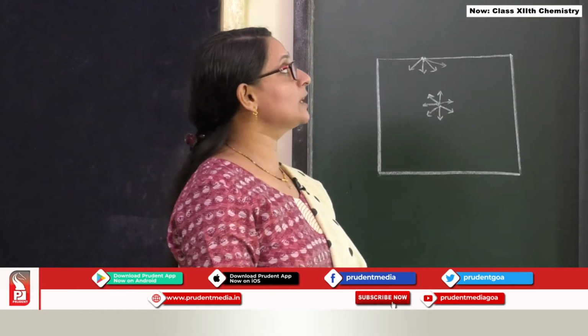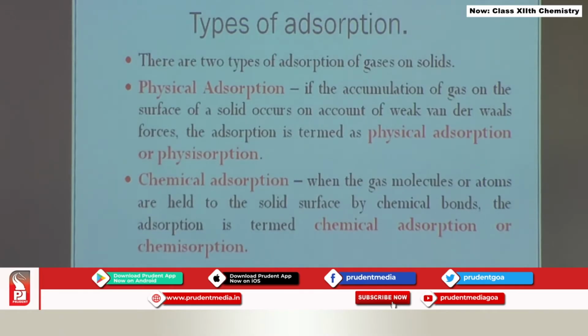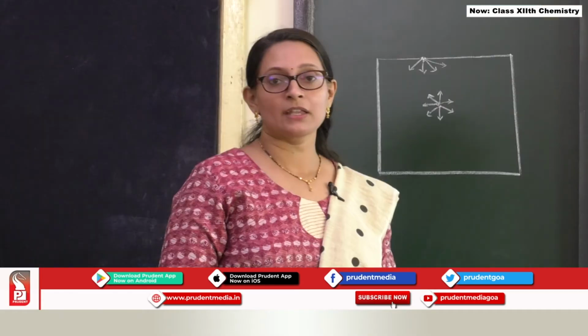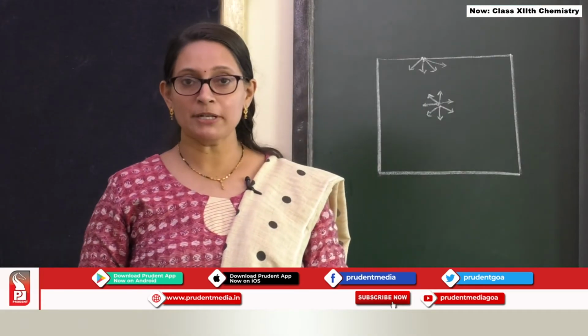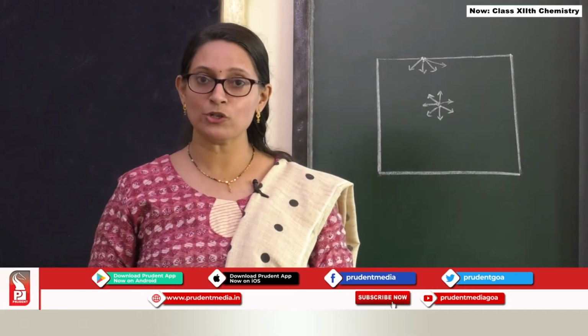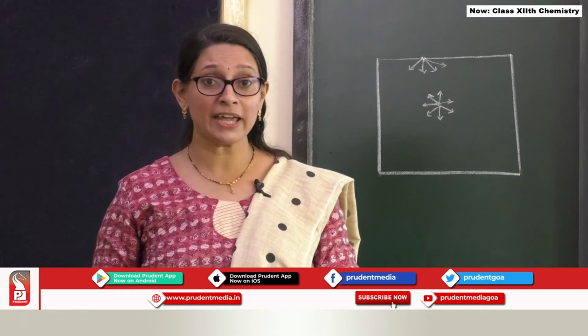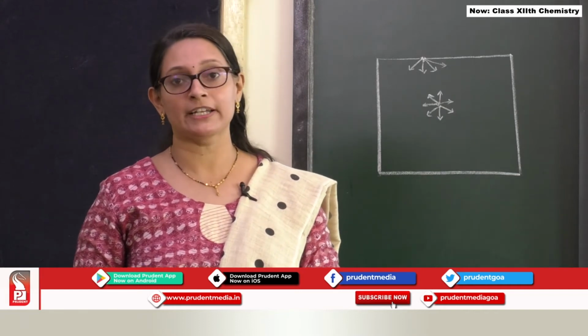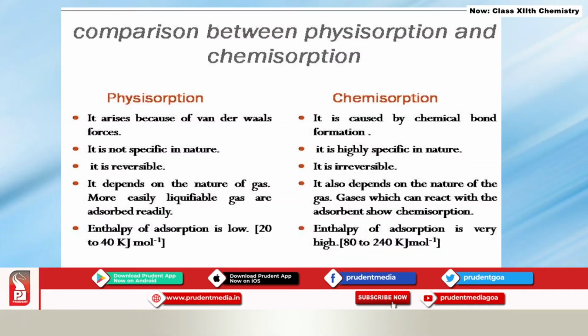We will see now what are the different types of adsorptions. There are two types of adsorptions, physical adsorption and chemical adsorption. Now, when do we say that an adsorption is physical? When the forces of interaction between the adsorbate and the adsorbent molecules are weak van der Waals forces of interaction, we say that it is physisorption or physical adsorption.